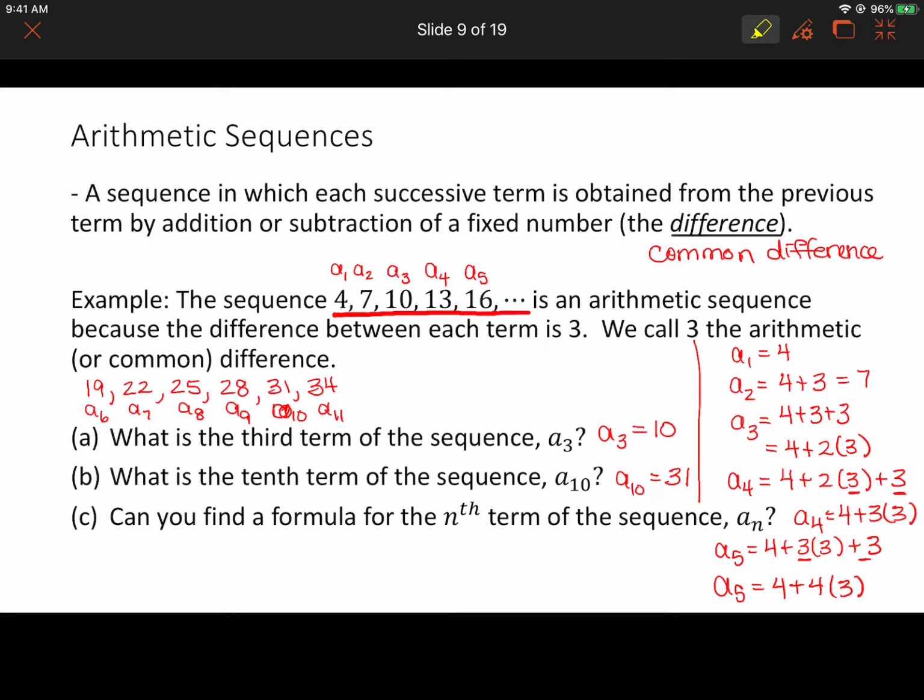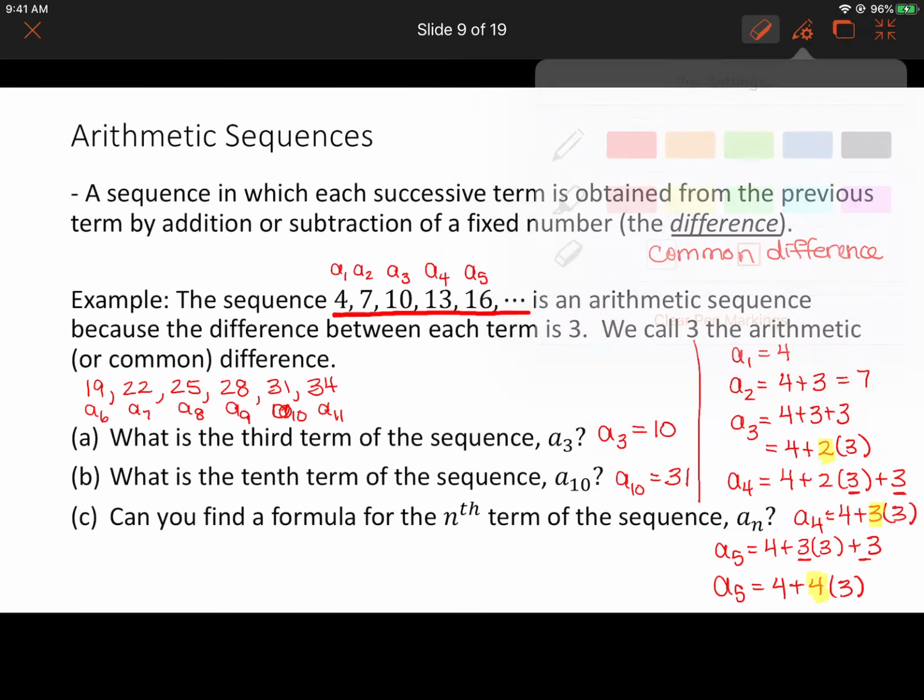For A2 I got 4 plus 3. For A3 I have 4 plus 2 times 3. For A4 I have 4 plus 3 times 3. And for A5 I have 4 plus 4 times 3. If I look back up at the earlier ones, I could rewrite A2 as 4 plus 1 times 3.